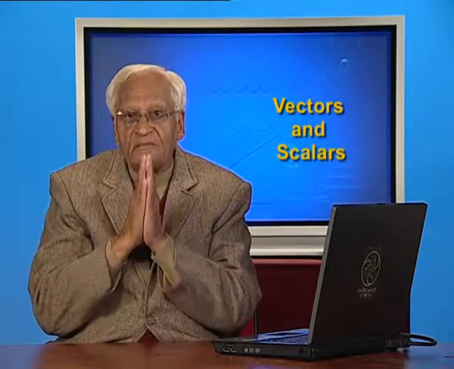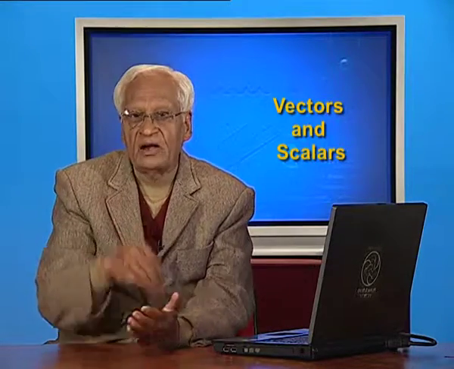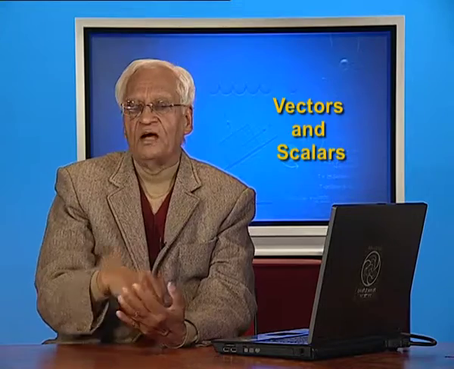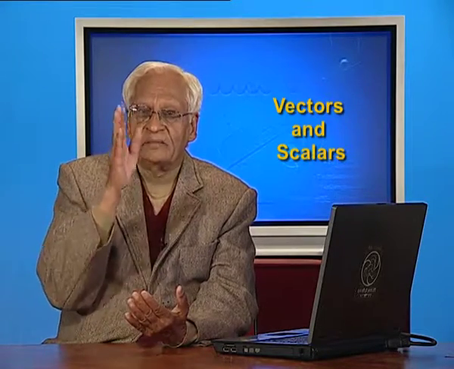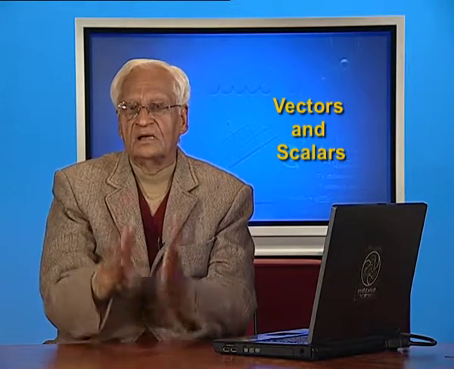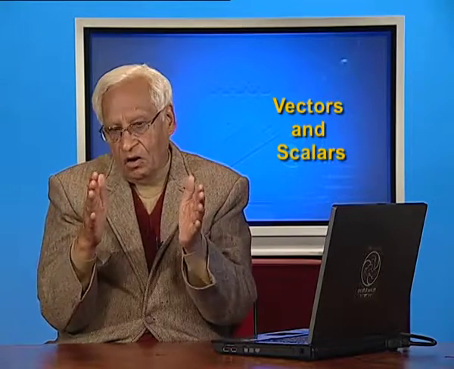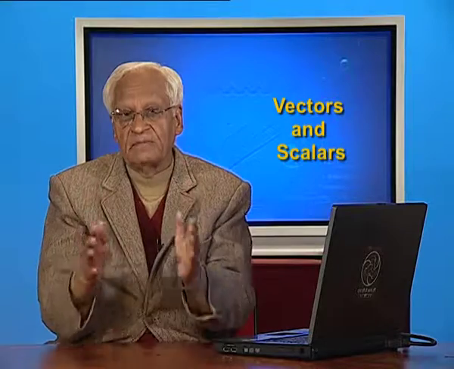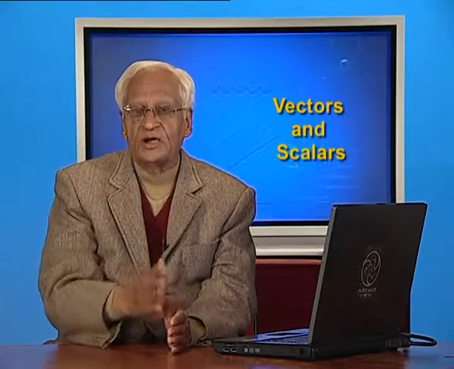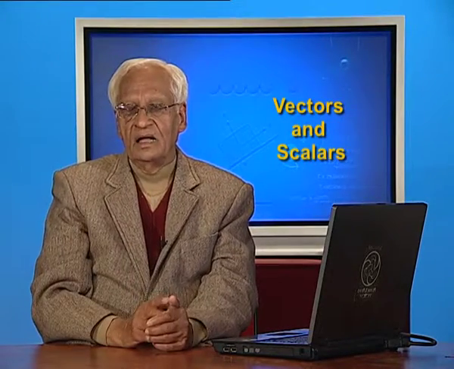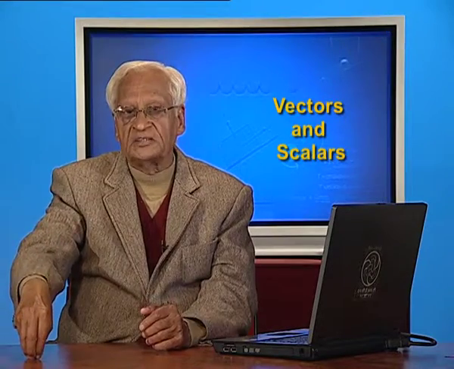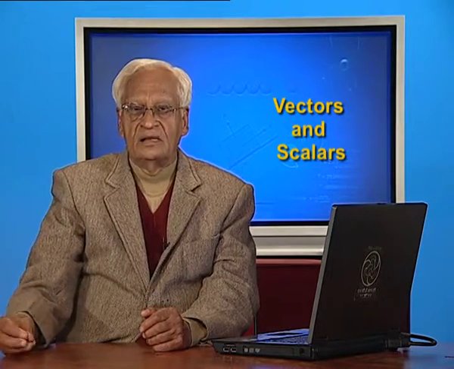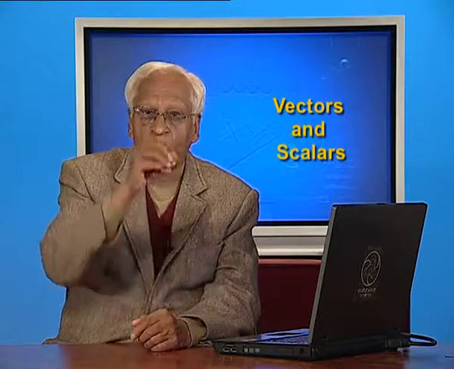And another important thing, we have done dimensional analysis. We have seen that the dimensions of all terms of an equation on the two sides must be the same. Add to that another thing. If one side of an equation is a vector, the other side of the equation must also be a vector.